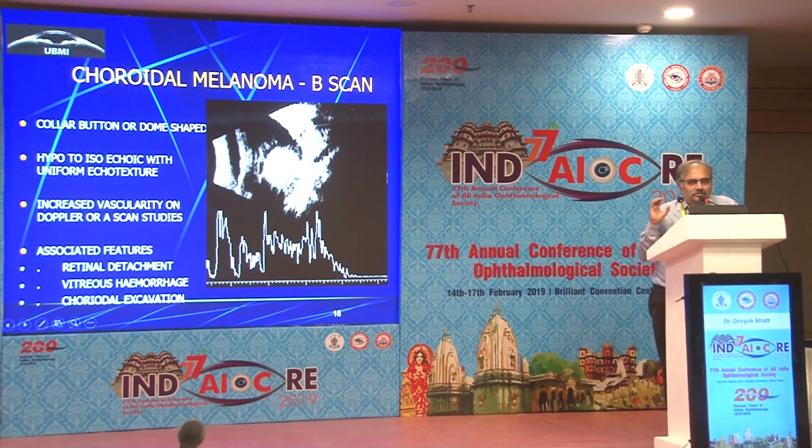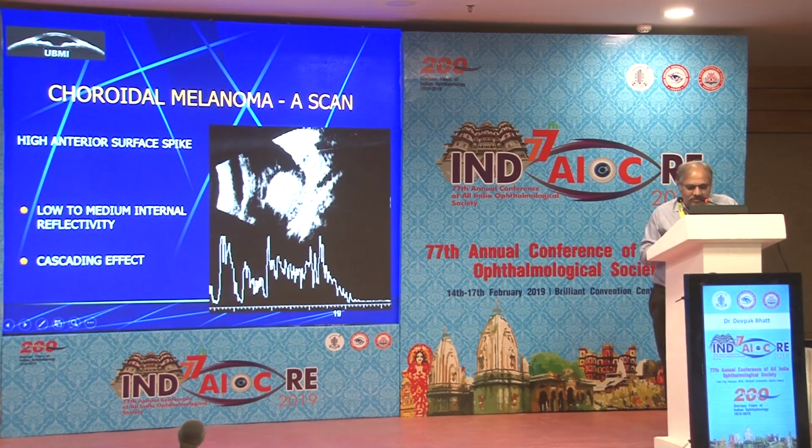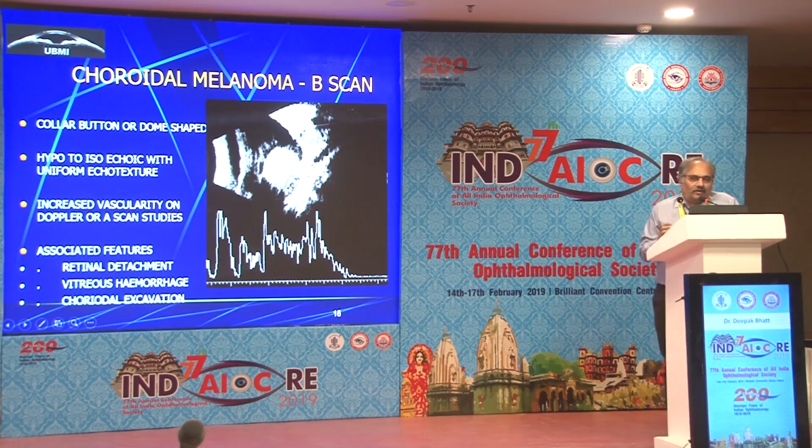Because melanoma is the only tumor where the cells within the melanoma are uniformly distributed. By definition, malignancy means irregular proliferation of the cells. Whereas in a melanoma, the cells are uniformly distributed, and therefore all the features that we see on B scan and A scan of a melanoma are in conjunction with this appearance of the tumor.